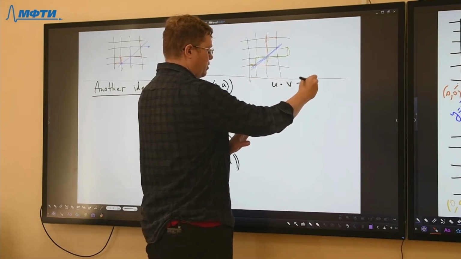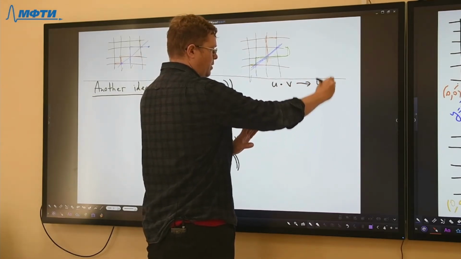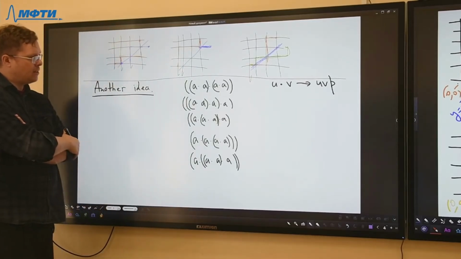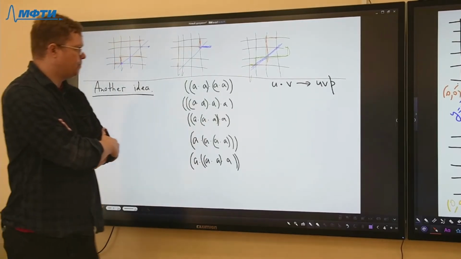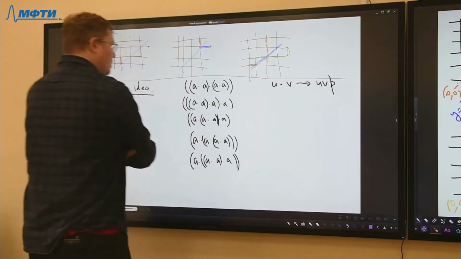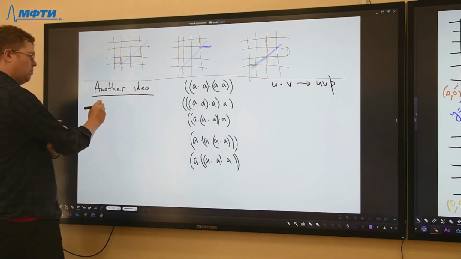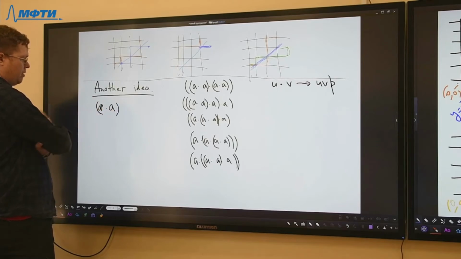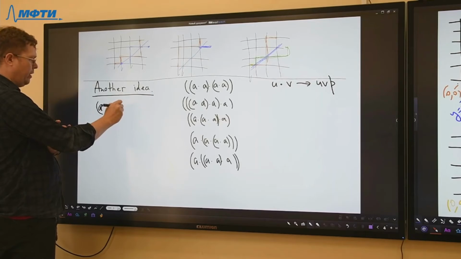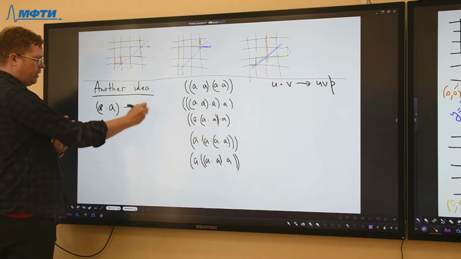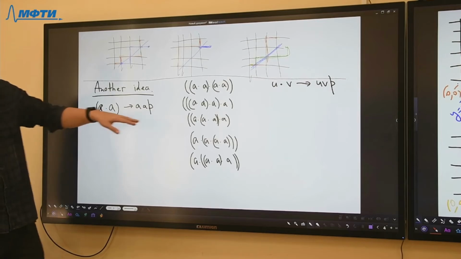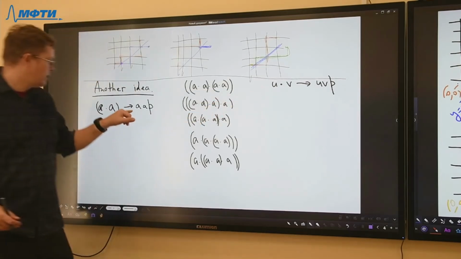So I will change it to u, v, and the symbol P. What does it mean? For example, if I have one pair, only a multiplication of a and a, then this will be AAP. So I multiply two elements, then I just write this as AAP.